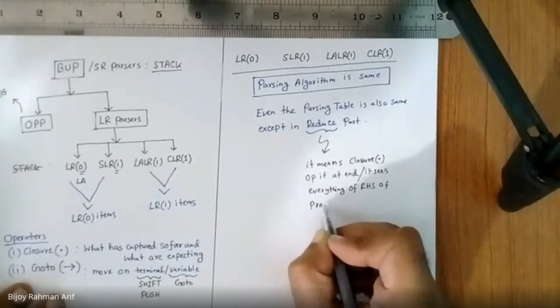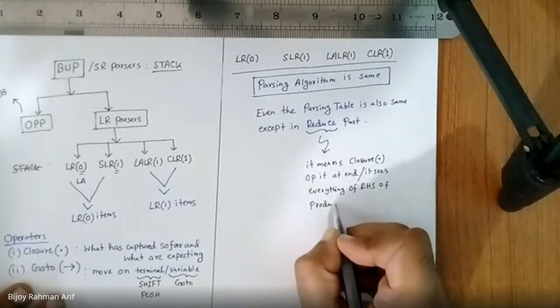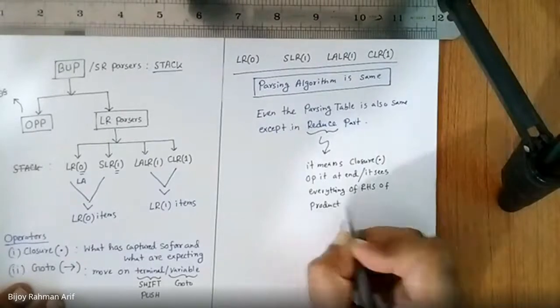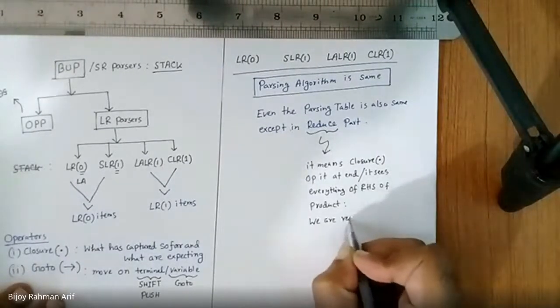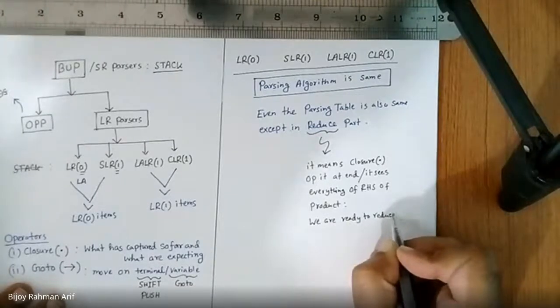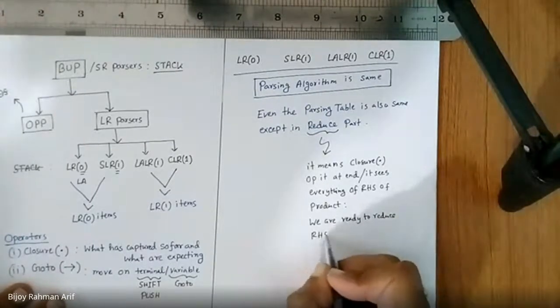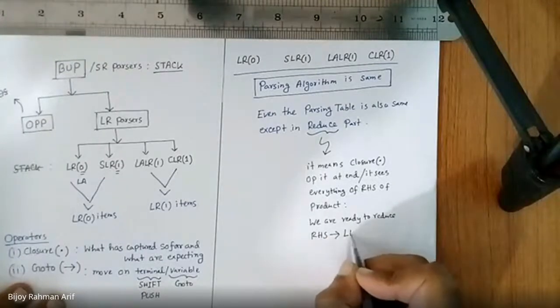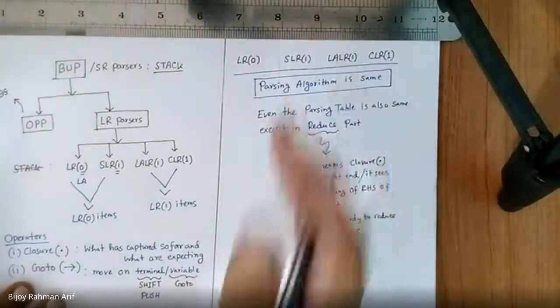In other words, to reduce the right hand side to the left hand side. So this is the only difference in all these parsers.